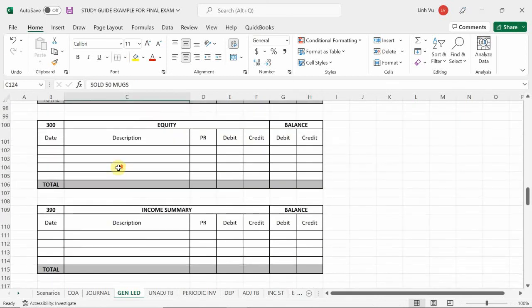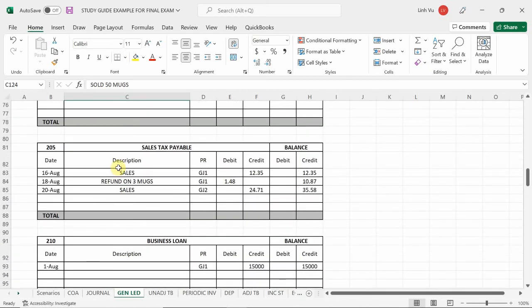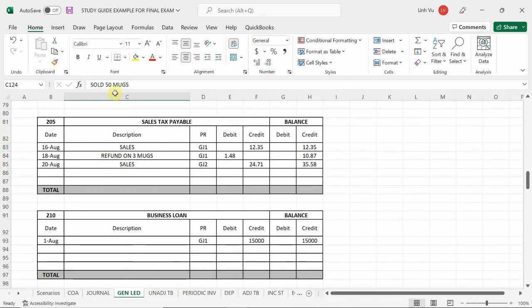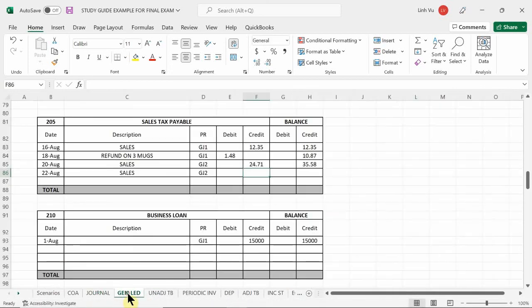We also collected sales tax money for the sales. It's August 22nd. We had sales, which collected $4.94 worth of tax.